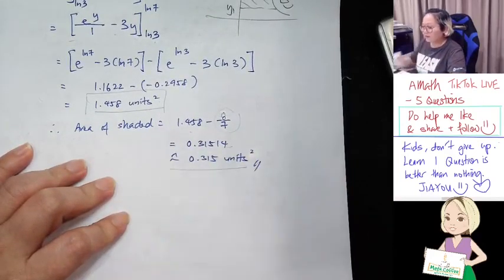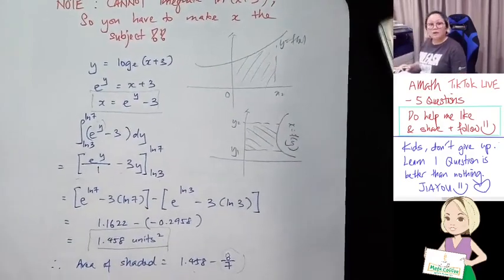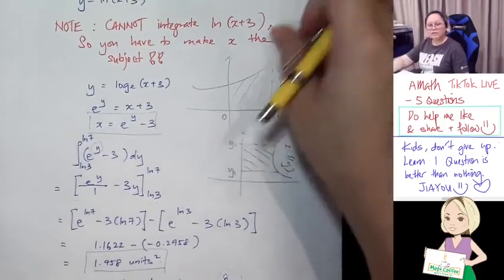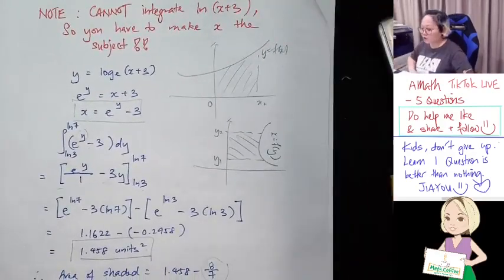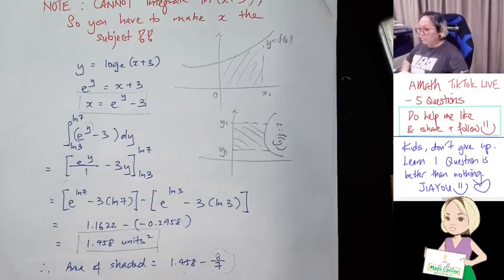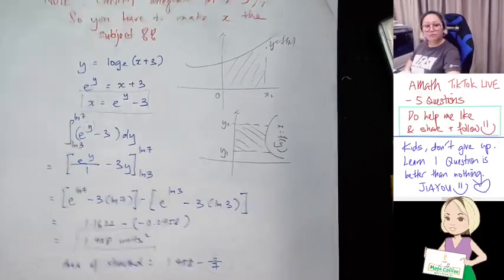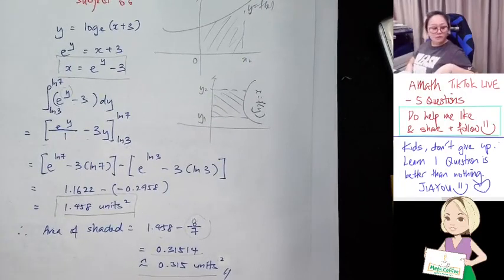Round to 3 SF, and this is your answer. Ta-da! Can? So this is a special case whereby you have to change ln y equals to ln something, change to x subject, and then sweep on the other axis. Can or not? All good.